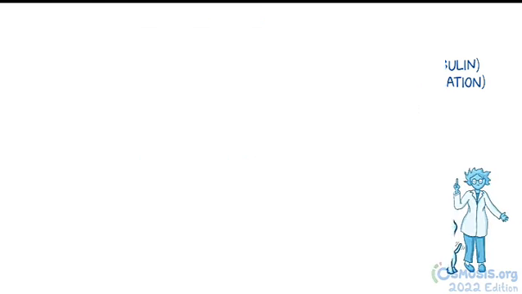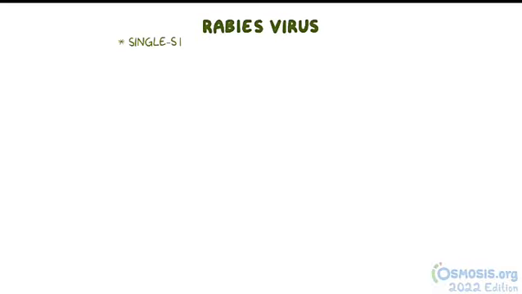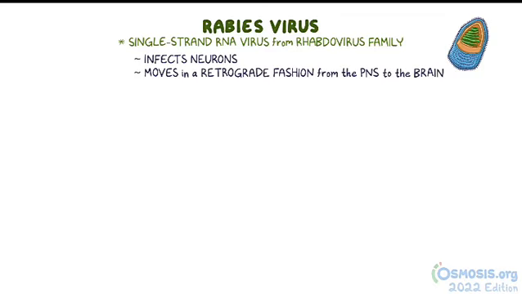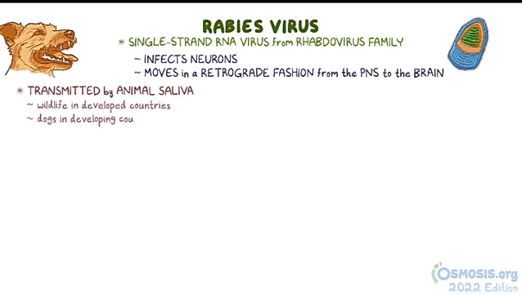All right, as a quick recap, the rabies virus is a single-strand RNA virus from the rhabdovirus family. It infects neurons moving in a retrograde fashion from the peripheral nervous system to the brain. It's transmitted by animal saliva, particularly from wildlife in developed countries and dogs in developing countries.